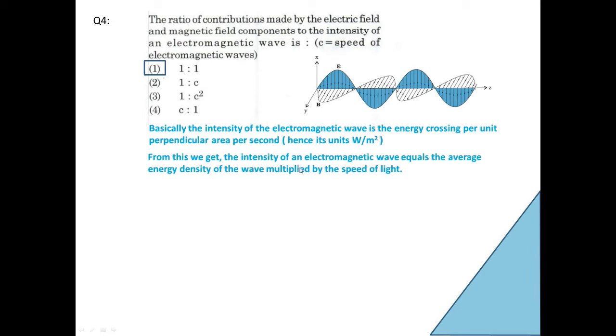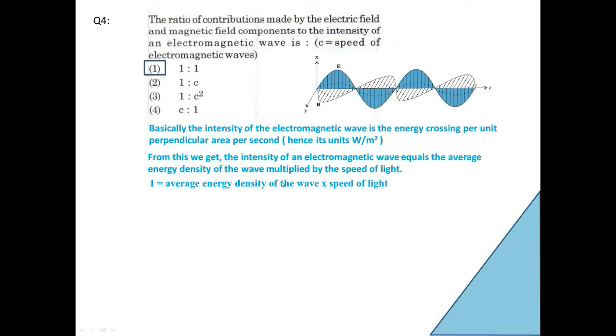Average energy density of the wave means average energy density of the electric field plus average energy density of the magnetic field, because the electromagnetic wave consists of both electric field and magnetic field. So average energy density of the wave into speed of light.